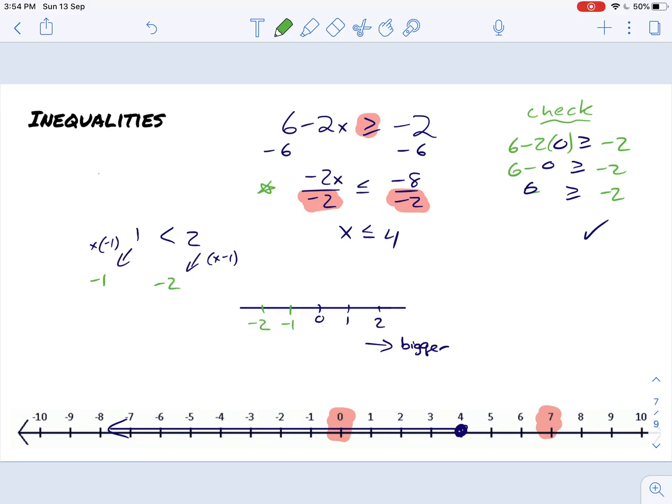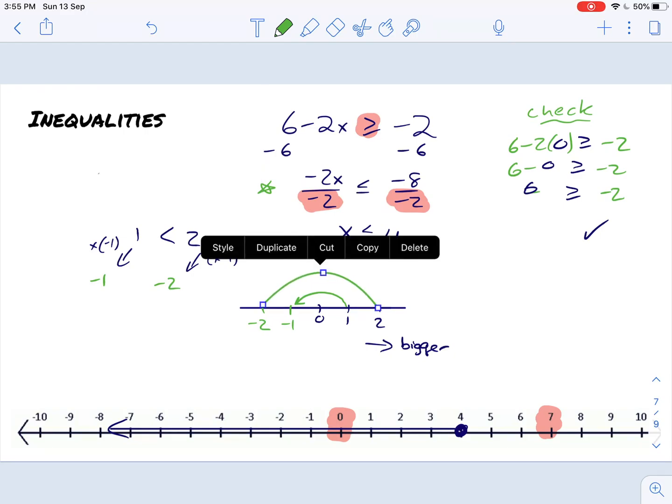When I multiply them by a negative, what it really does is take that positive number and flip it over onto the negative side. It took my 2 and flipped it over to the negative side. But what happens when you do that is, because 2 was further away from 0, now instead of being further to the right, it's further to the left.